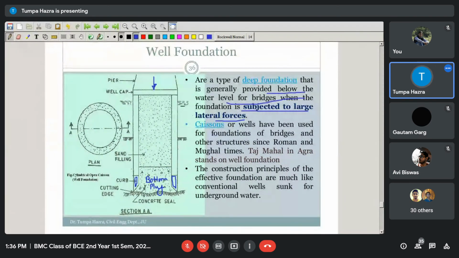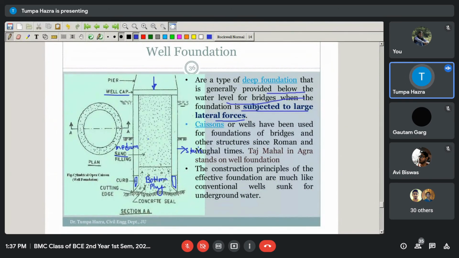This is the stain. Okay, well stainings are constructed, and the well staining is filled with medium sand up to the desired level, and then above the water level you have to construct the well cap.